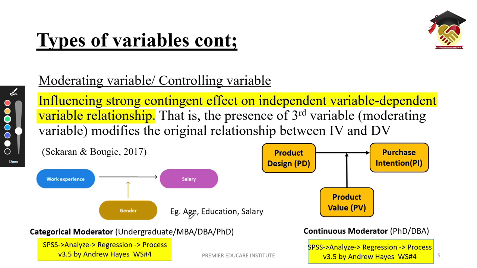Don't think about the other things, officially. And education level, definitely doctoral level, master level, graduate level, or diploma level, can again be categorized into levels. Those kinds of moderators are called categorical moderating variables. So please understand that.